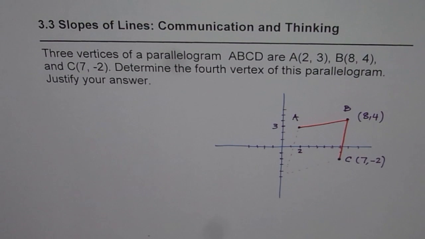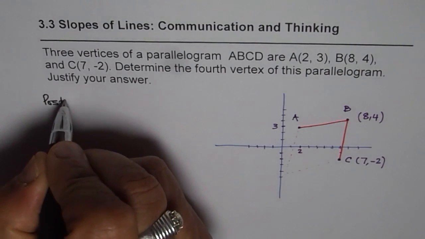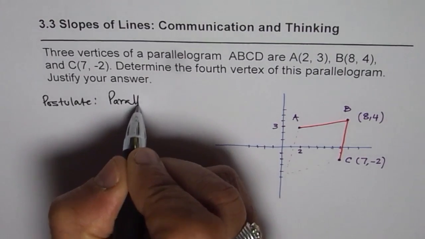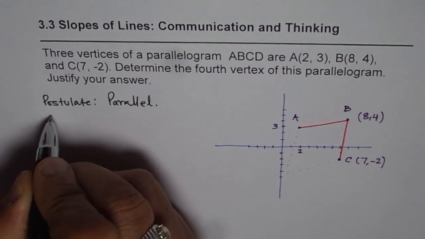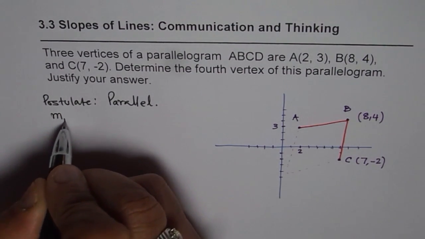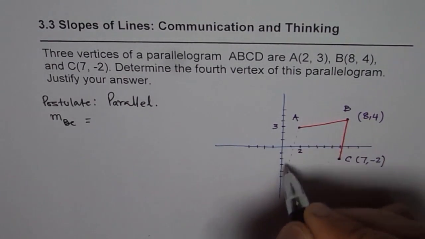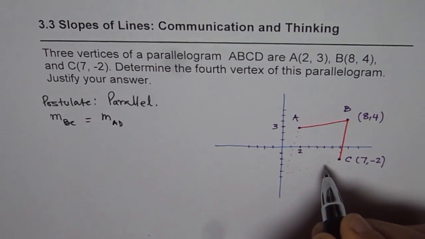Now, what do we mean by saying parallel lines? Well, as you know, the postulate on parallel lines is that the slope should be the same. That is to say, the slope of BC should be equal to the slope of AD, if that is to be parallel.